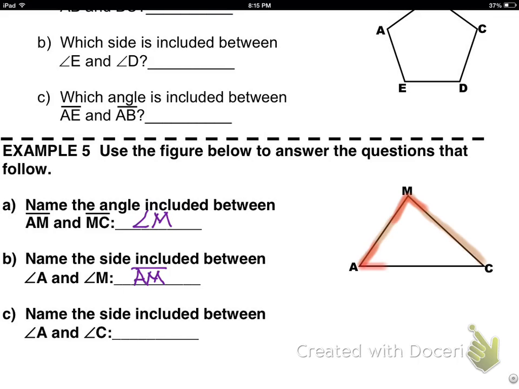And finally, we can name the side that is included between angle A and angle C, and it is the side AC. Now you have received enough information to complete the assignment 8-2.